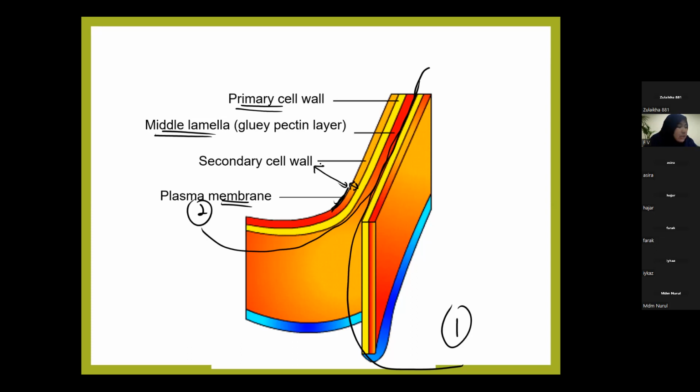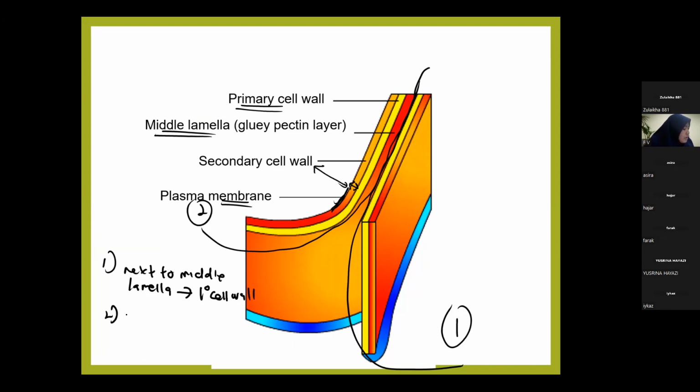Dapat. Okay, so the keyword number 1, next to middle lamella is primary cell wall.